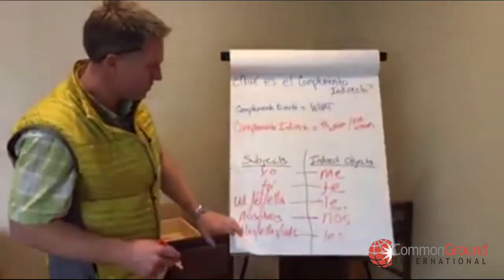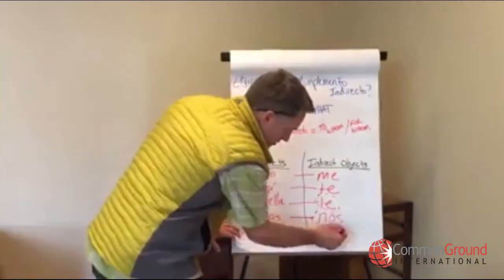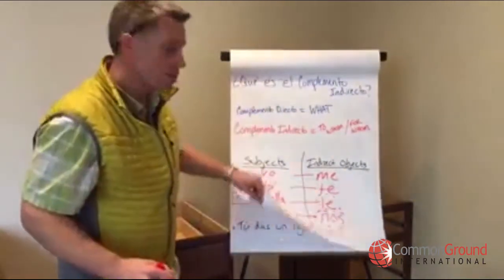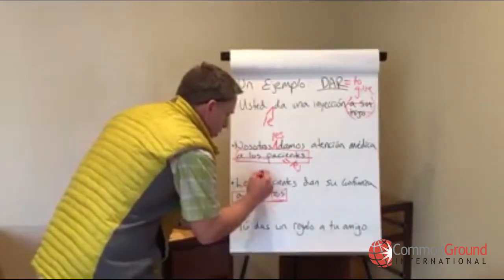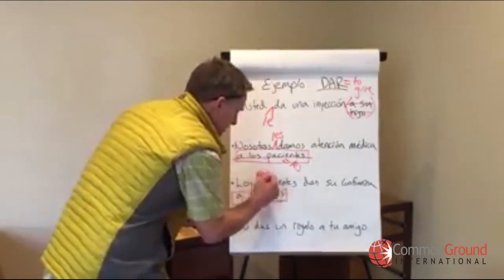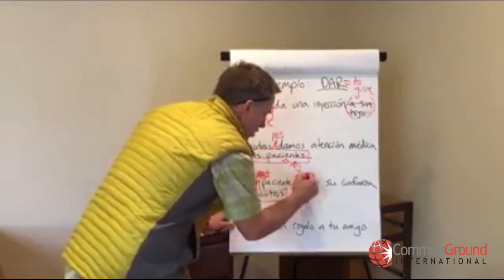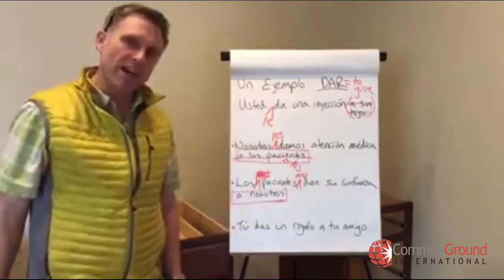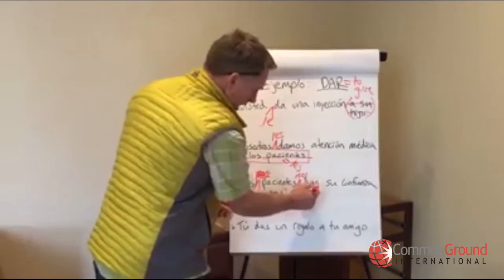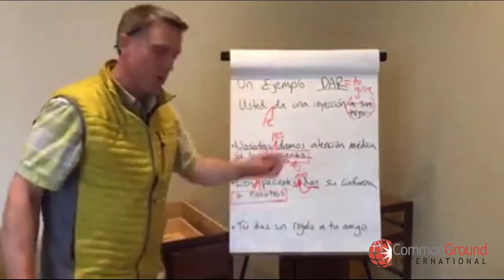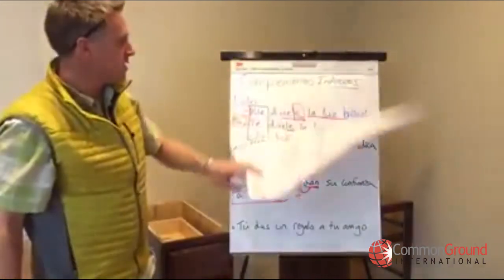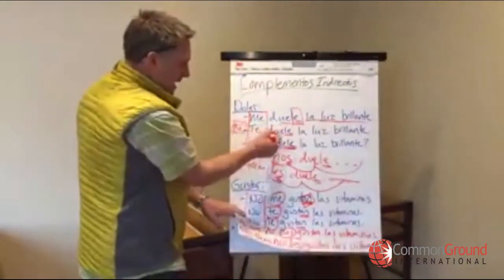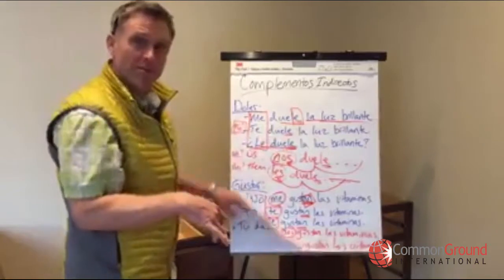A nosotros, it's going to be nos. Nos, a nosotros. Okay, so los pacientes nos dan su confianza. This is usually coming right before the verb. Nos dan su confianza. Just like it was here. Me duele, te duele, le duele. It comes right before the verb.